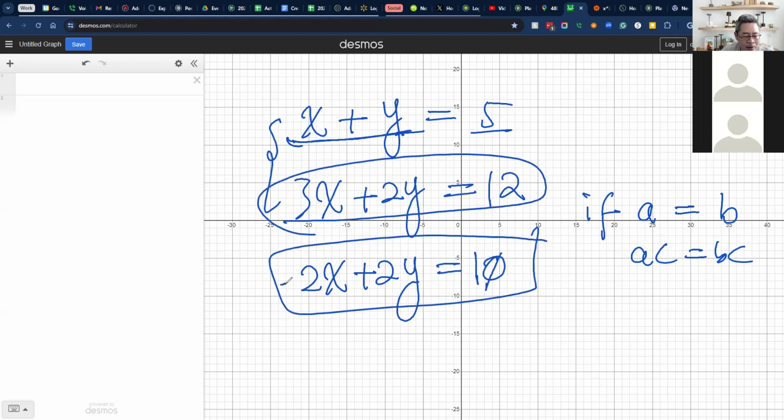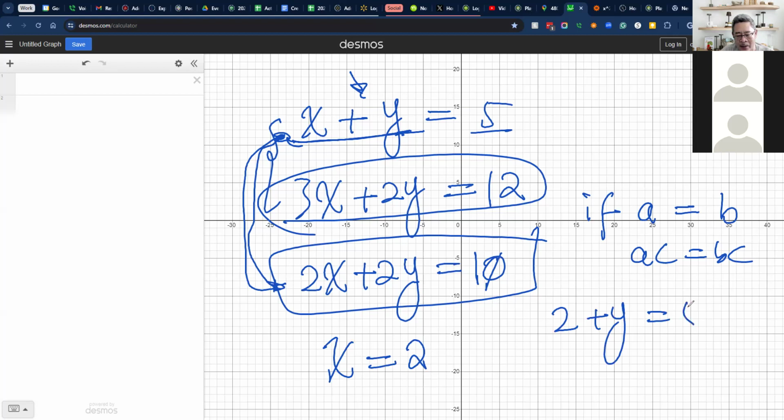And this equation came from this equation, so they are so-called equivalent. Top minus bottom, 3x minus 2x is x. 2y got canceled. Then 12 minus 10 is 2. Then if we plug in on the top one, we got 2 plus y equal to 5. So therefore, y has to be 3.